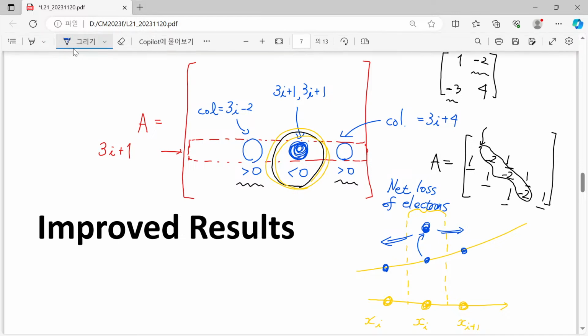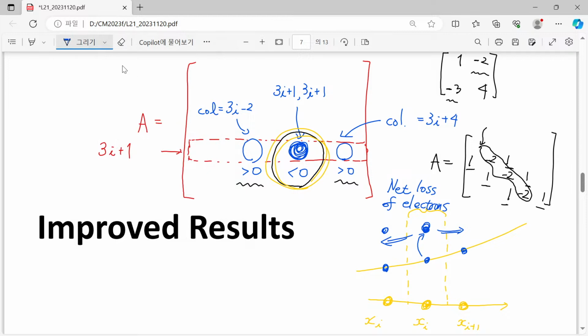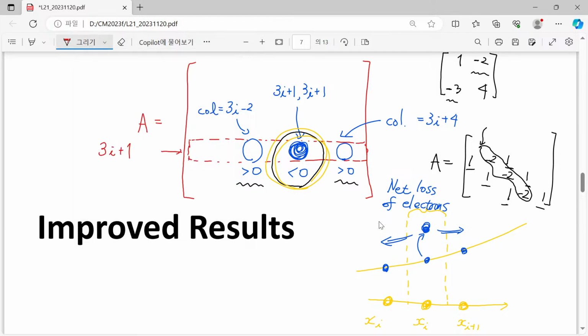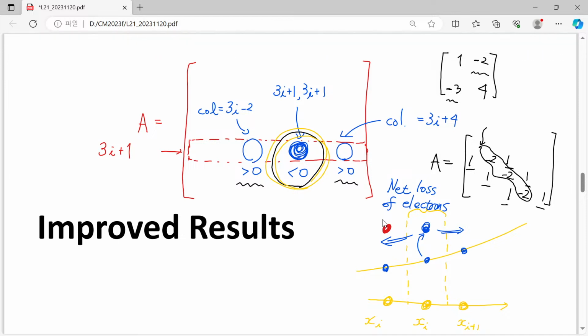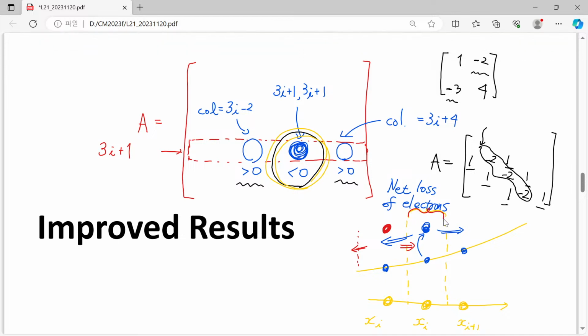But let's say that now we have an error intentionally introduced not in this central node but in this neighboring node. Then what will happen? Obviously, this error will introduce additional flux, and that additional flux will go this way or that way. But this one is not of our interest, because we are interested in the increase or decrease of electron density here.